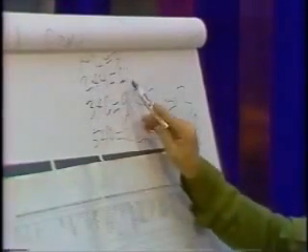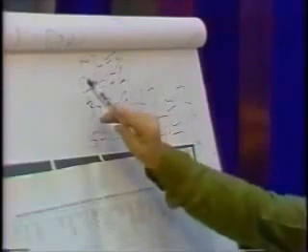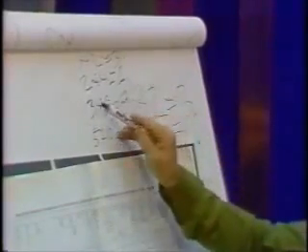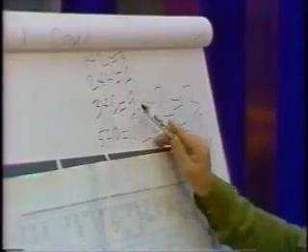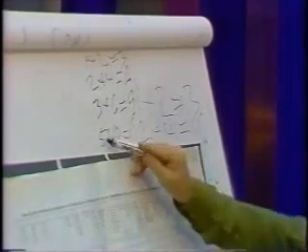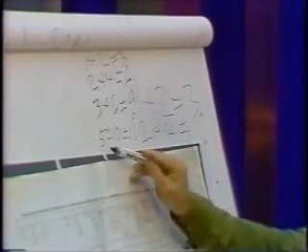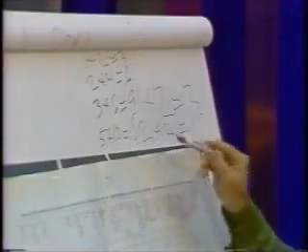But the next one, 2 plus 4 equals 6, is 1 plus 2 equals 3 times 2. And the next one, 3 plus 6 equals 9, divided by 3, is 1 plus 2 equals 3. And the next one is 5 plus 10, divide that by 5, and you get 1 plus 2 equals 3.